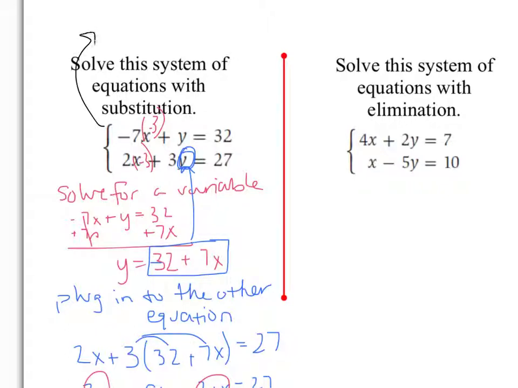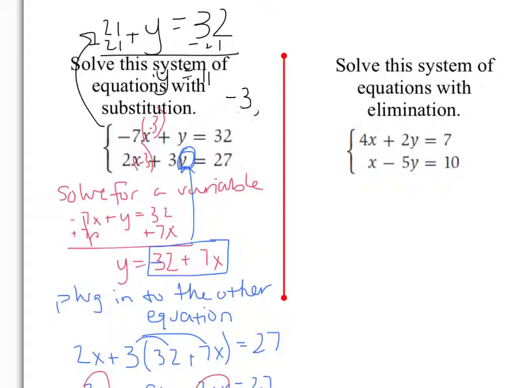As I work through this, negative 7 times negative 3 would be 21, plus y equals 32. Subtract 21 on both sides, we get y equals 11. Now we could check that with our second one. If we plugged it in and solved, we would also get y equals 11. So the final answer is that these two equations are going to intersect, have the same solution of x is negative 3 and y is 11.